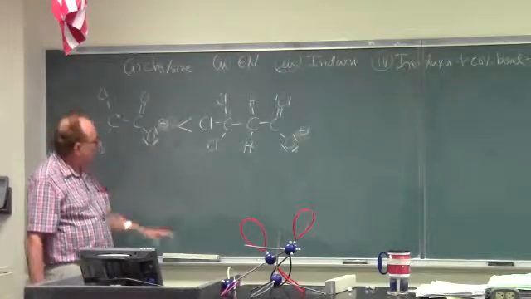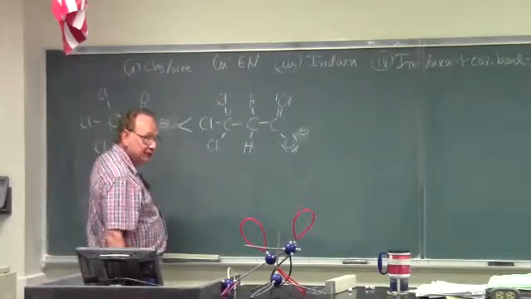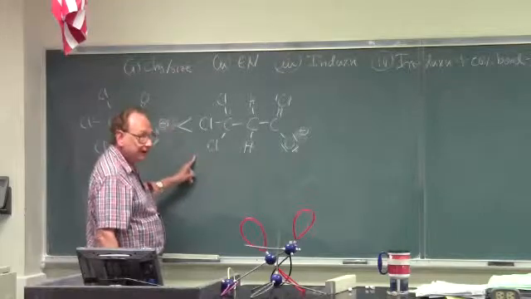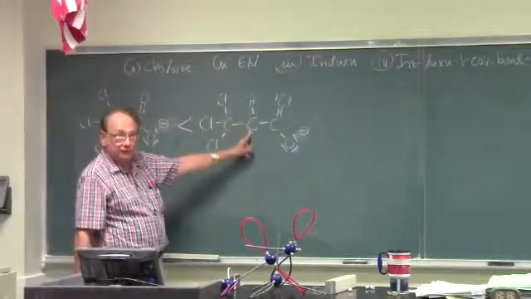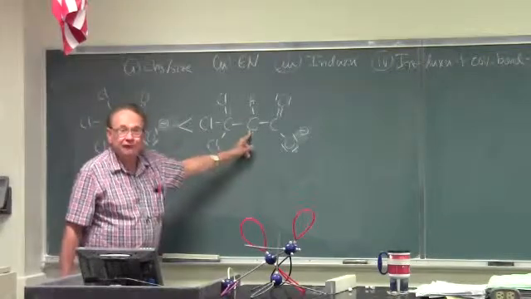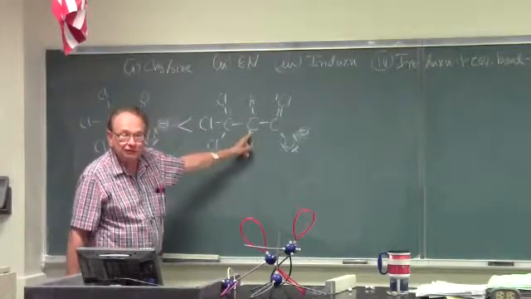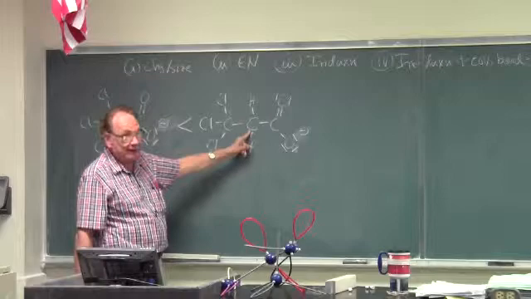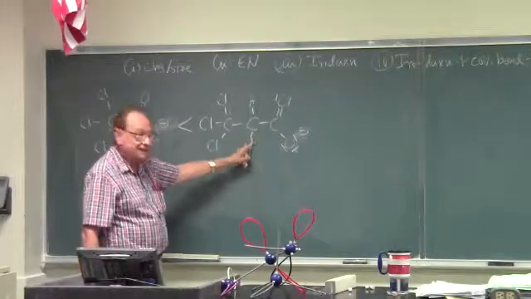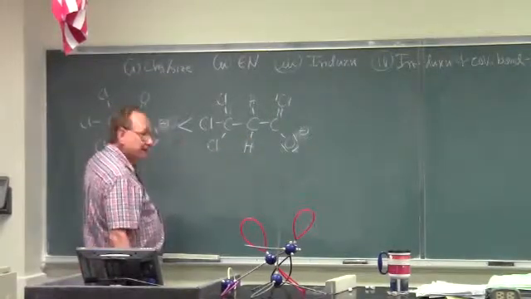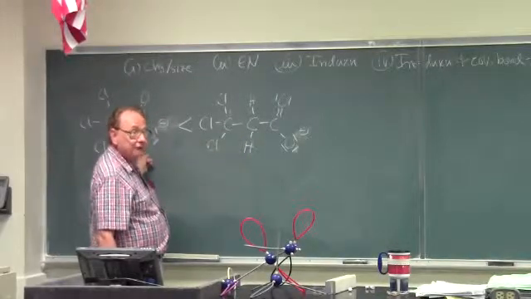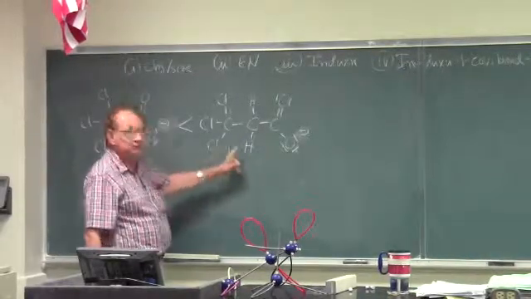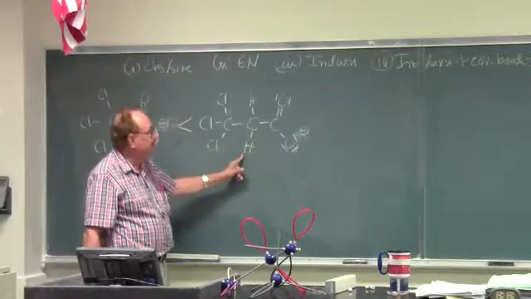You betcha. Because the difference between these two species is that these chlorine atoms are one atom further removed. And the facts indicate that diminishes inductive stabilization a whole lot. Trichloroacetic acid is a lot stronger than trichloropropionic acid.